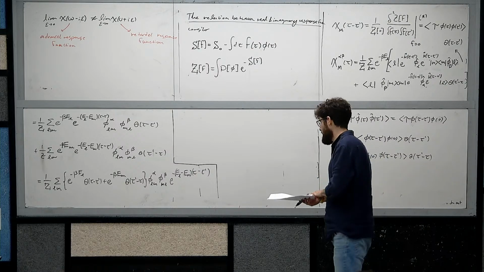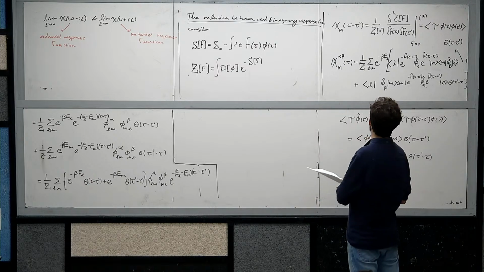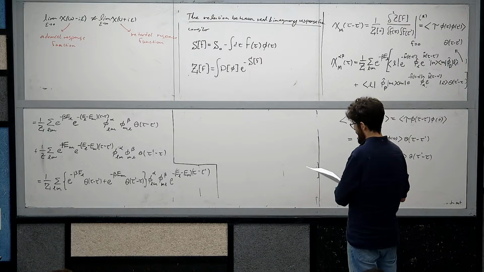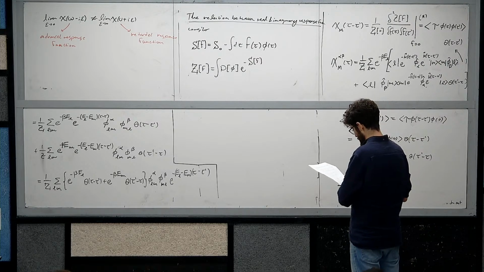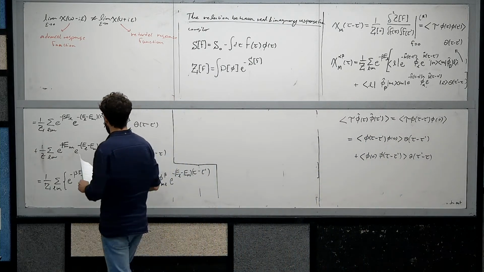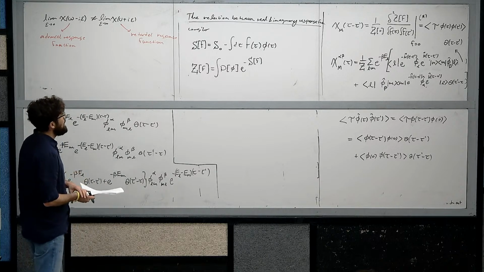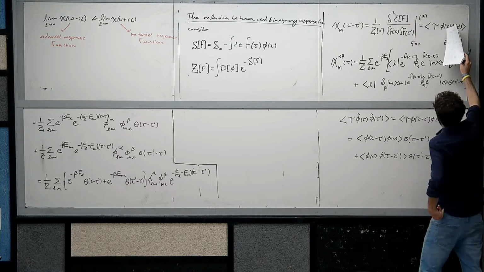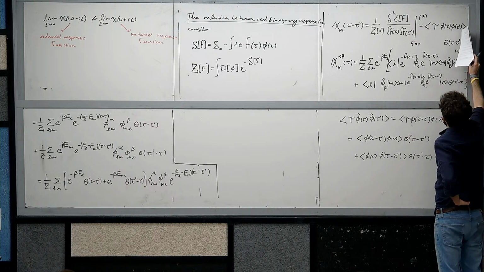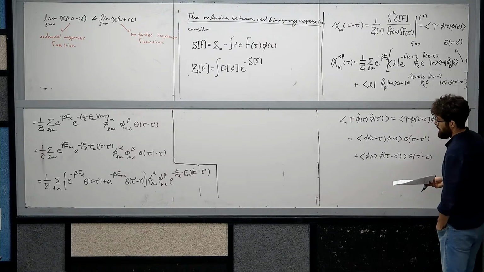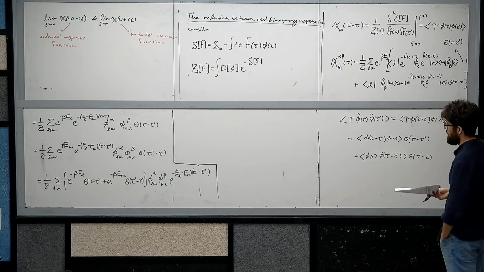Now, okay, what do I want to say? Another point is that I want to remind you that all these fields, phi of tau, are periodic with tau going to tau plus beta.